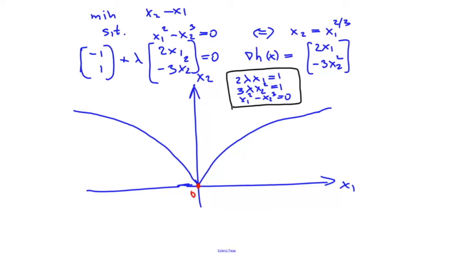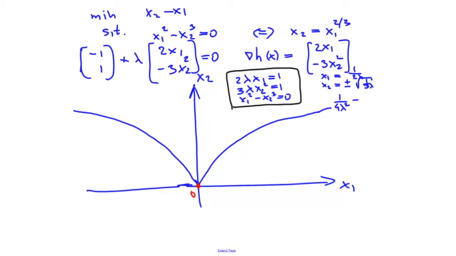So we can express x1 and x2 through lambda from the first and the second equations respectively. From the first equation we'll have x1 is 1 over 2 lambda. From the second equation we'll have x2 is plus minus square root of 1 over 3 lambda. All right, and finally we plug in x1 and x2 expressed through lambda in the third equation, so we'll have 1 over 4 lambda squared minus, we'll have two cases, right?